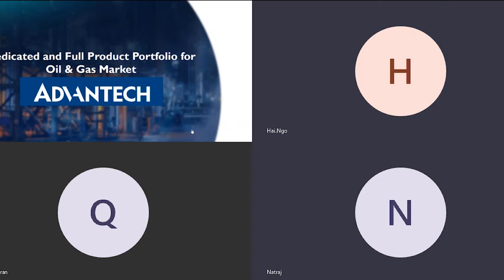Firstly, the UNO-430 is a hardware platform.